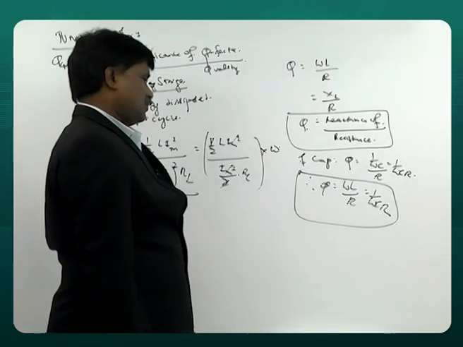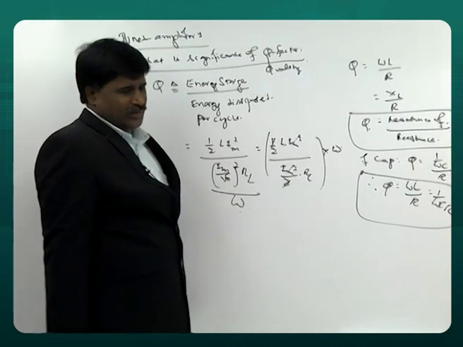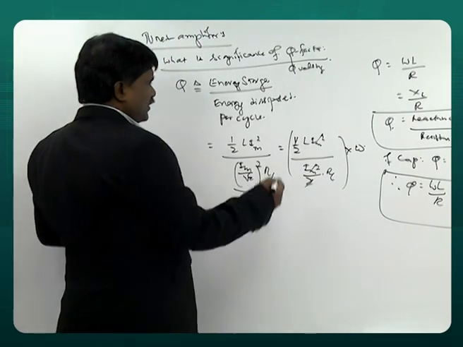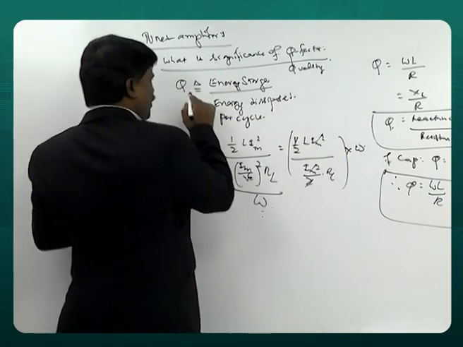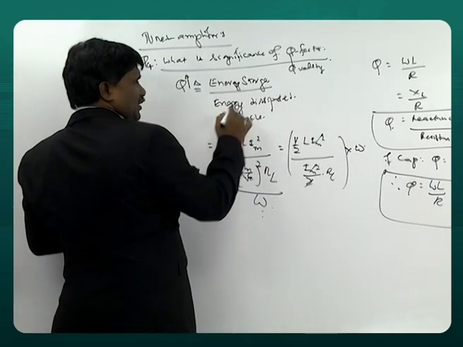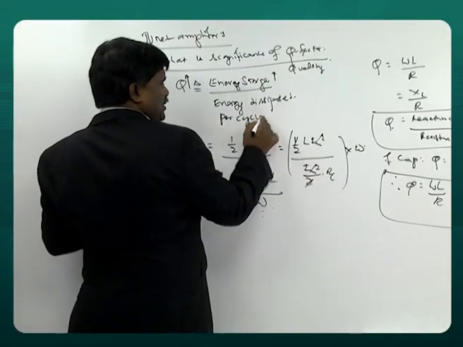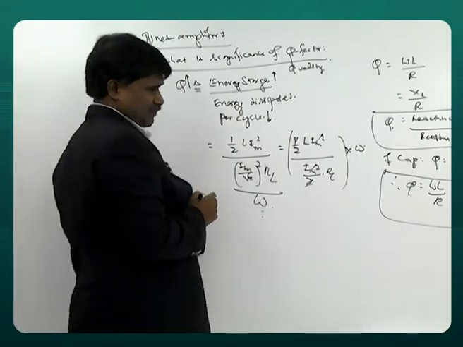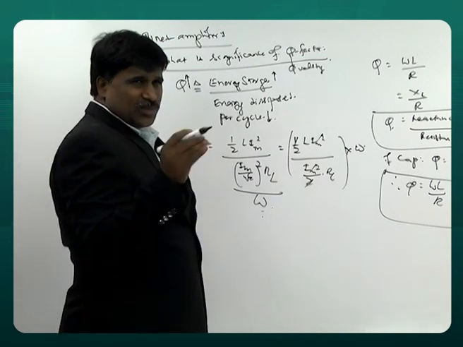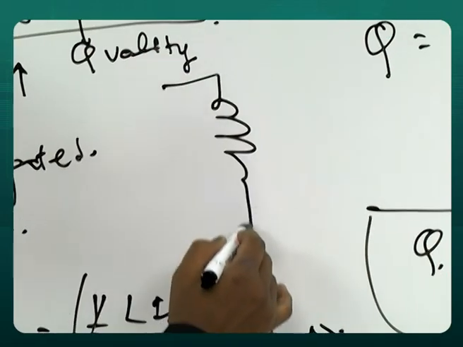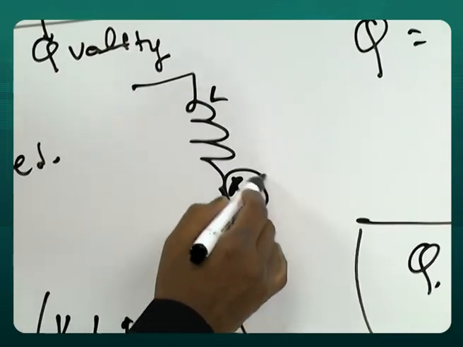That's the quality factor. What is the significance here? If quality factor is more, that means energy storage is more, energy dissipated is less. So dissipation should be lesser, because in an inductor R should be very, very small.